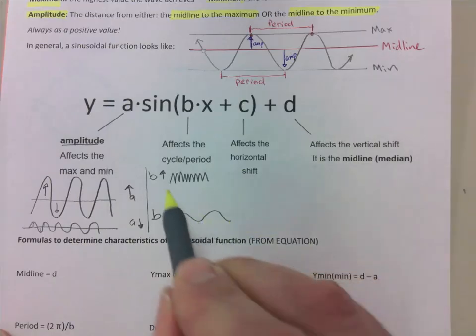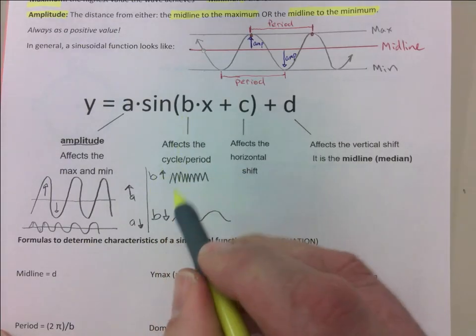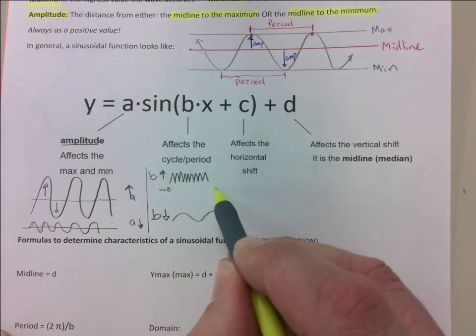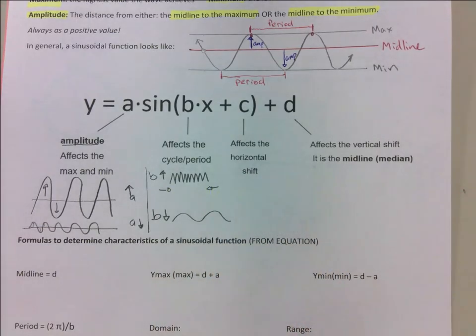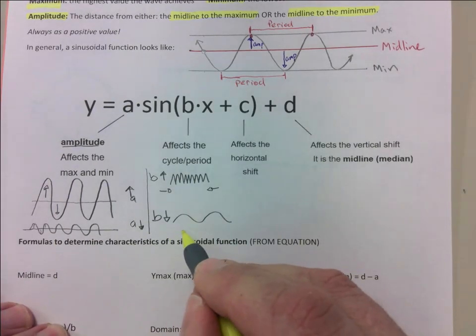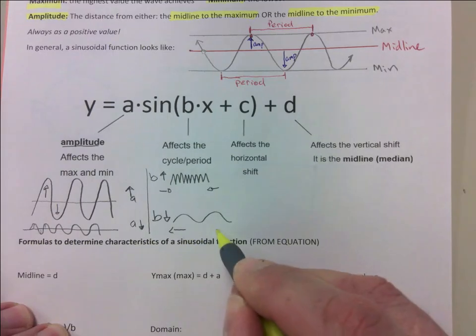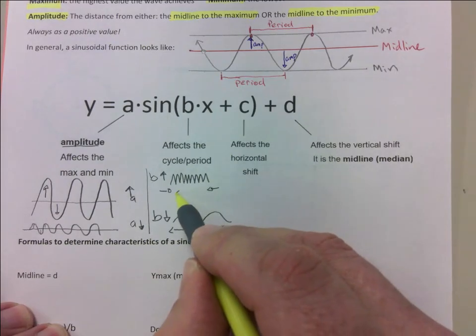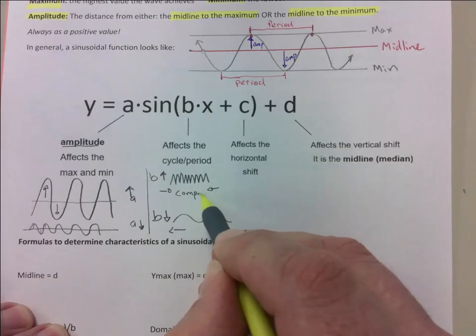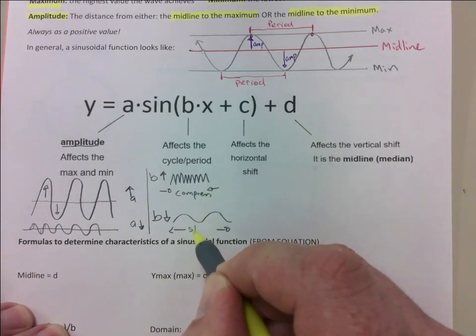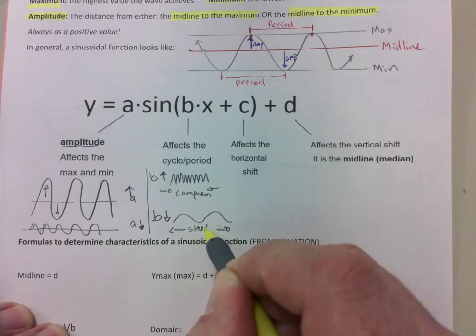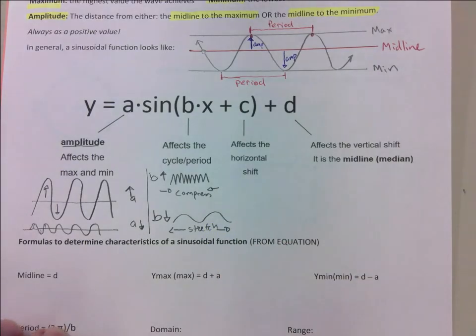So when you increase the value of B, it's like a harmonica, you just push it together. If B is decreased, you're actually stretching it. I didn't plan on doing this, so that's why it's not the greatest.